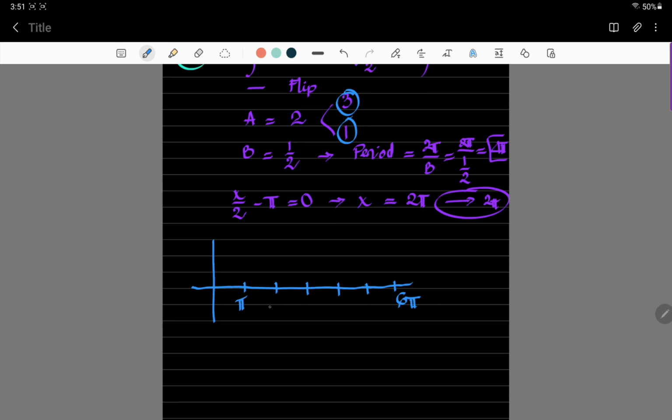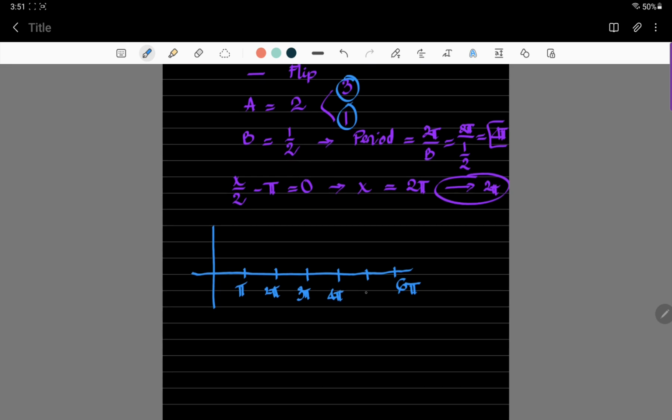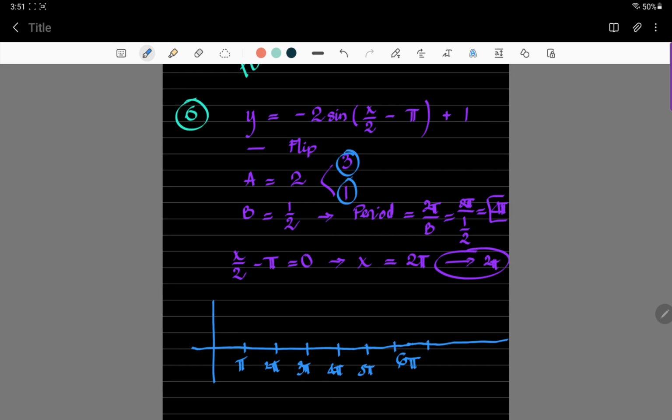That's pi over here, 4 pi, that's theta, and this is, I don't know, hypotenuse. Opposite, adjacent.